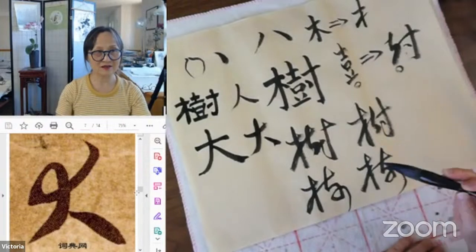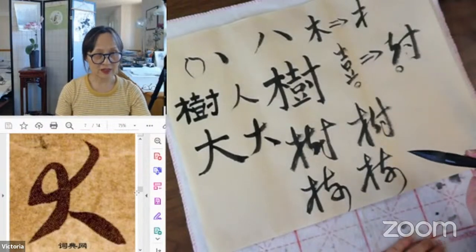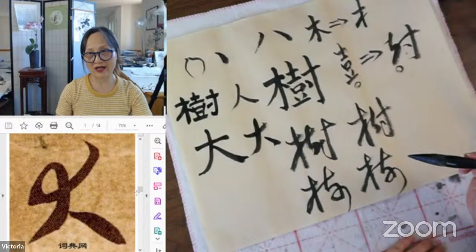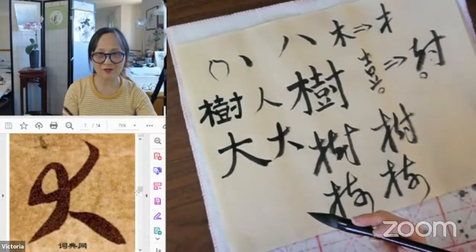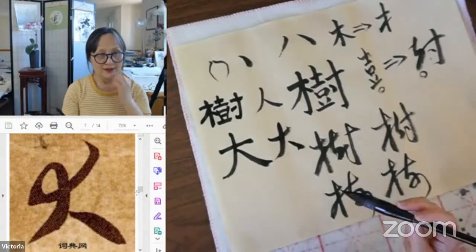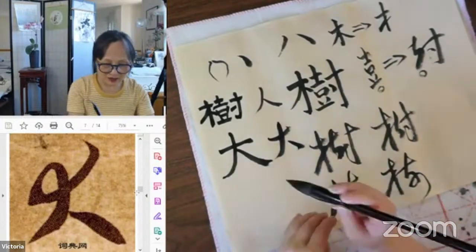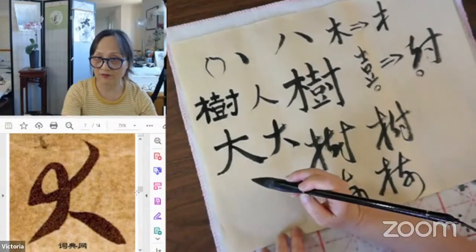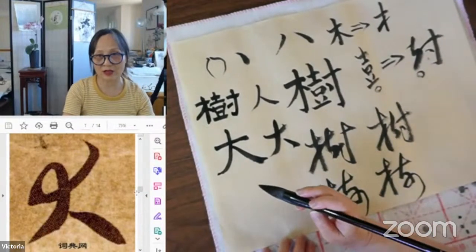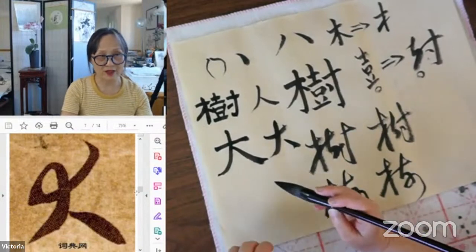And see, the horizontal shoots from the left, right? But instead from the right. And a little bit up, I mean starting from a higher place, but do not go too high, just a little bit.